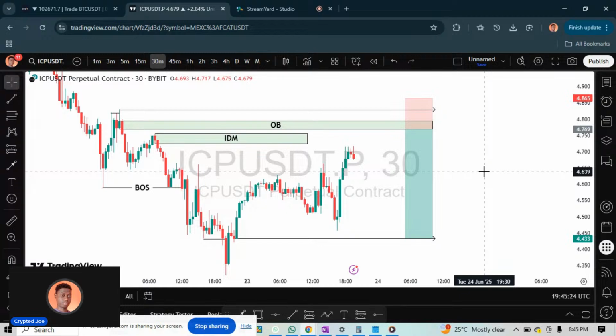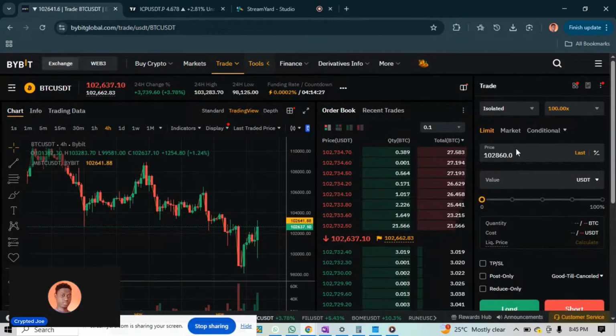Now that 24 is your order value that you are going to place on Bybit, because Bybit has two interfaces. If you are using limit to place your signal, it has two boxes right here. On the limit, we have price, which is where you want to enter a particular coin at.